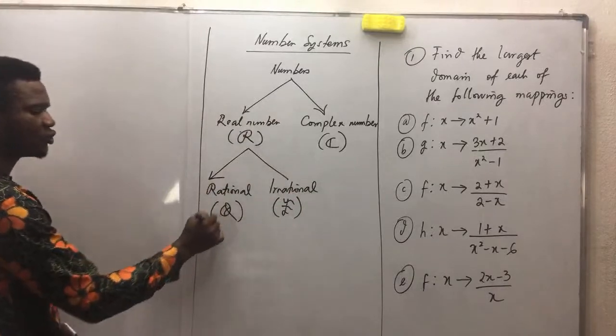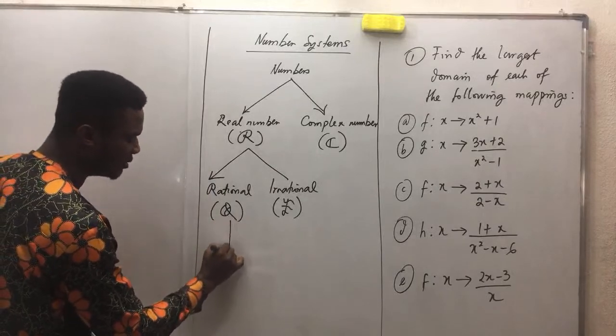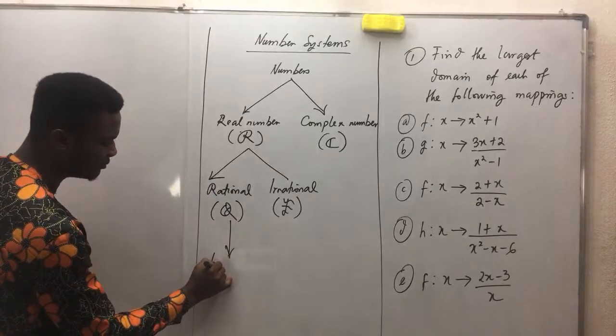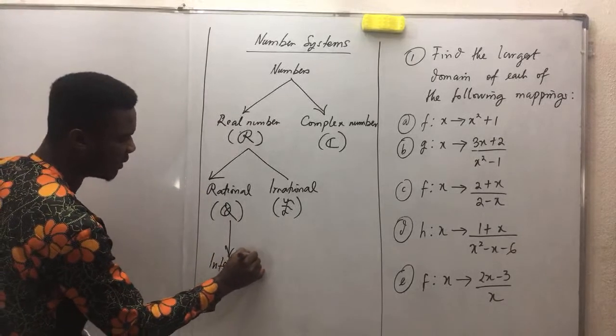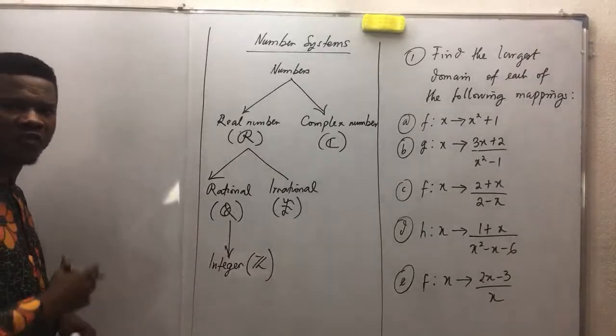And if a number is rational, it means that number could have been an integer, denoted by this symbol Z, conventionally.